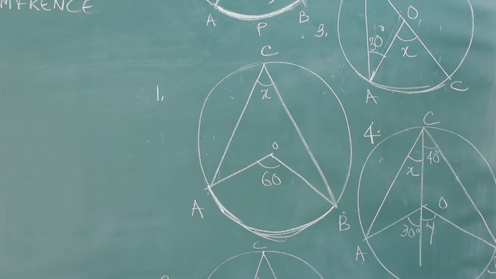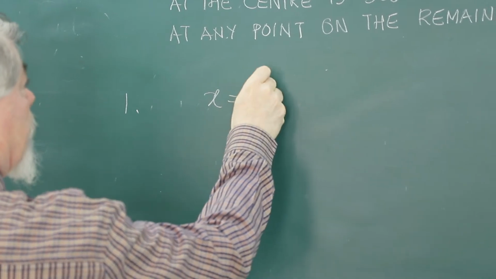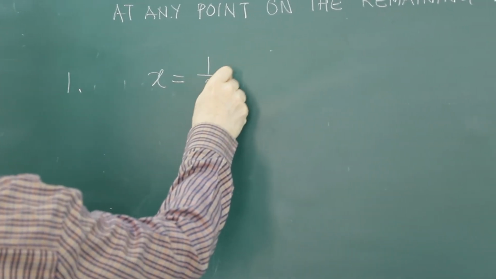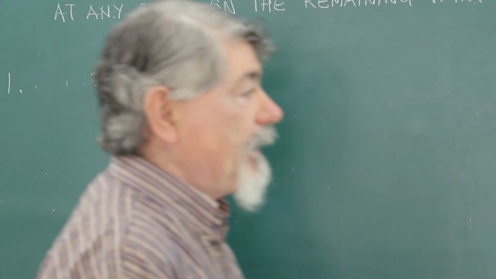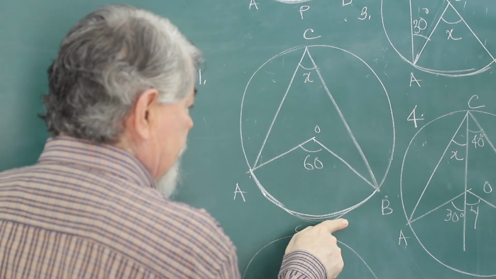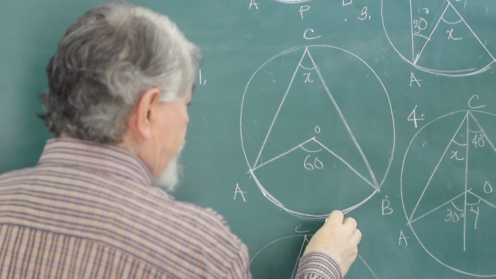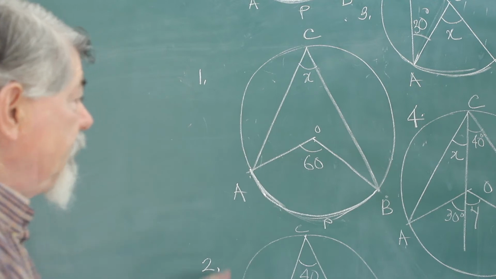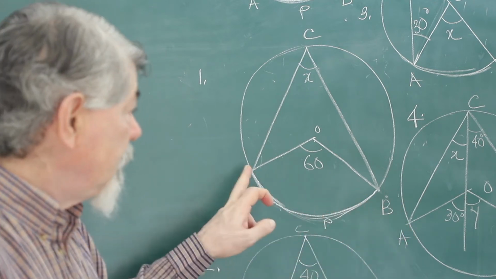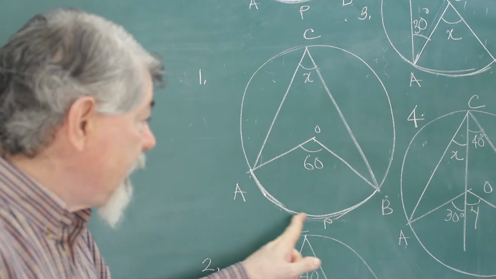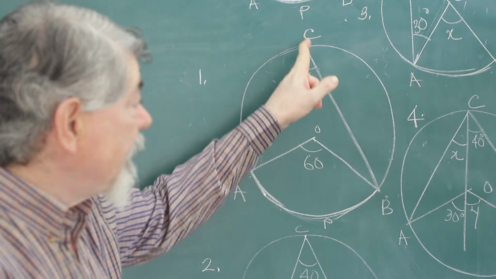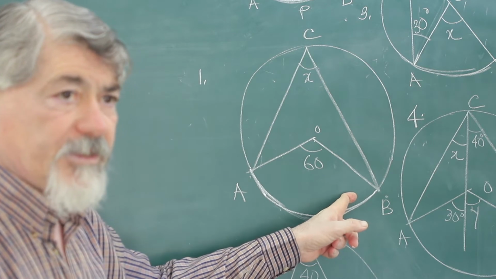We know X will be half of the angle at the center, because the angle subtended by an arc at the center is double the angle at the circumference. Suppose I give the arc the name P. The arc APB subtends an angle AOB at the center, and the same arc subtends an angle ACB at the remaining part of the circumference.